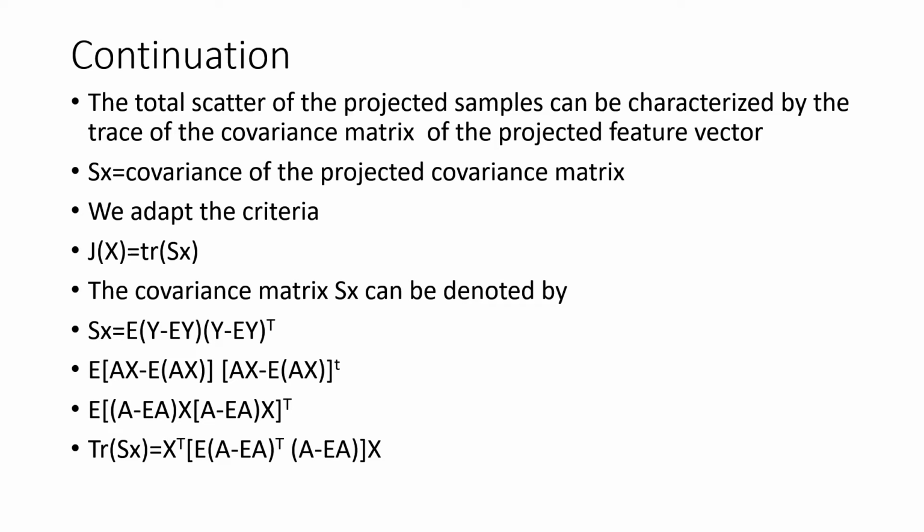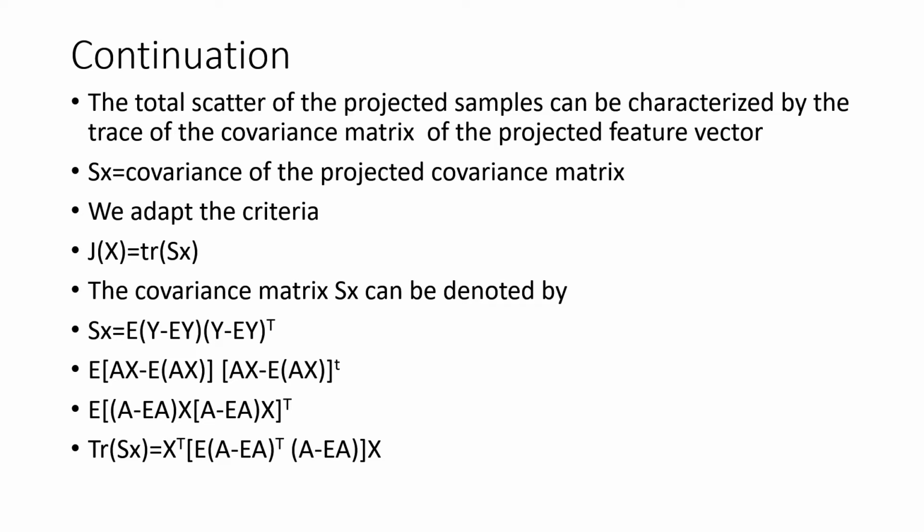The total scatter of the projected samples can be characterized by the trace of the covariance matrix of the projected feature vector y. Let us denote it as Sx, the covariance matrix of the projected feature vector. We adopt the criterion as intuitively said earlier: J of X is equal to trace of Sx.